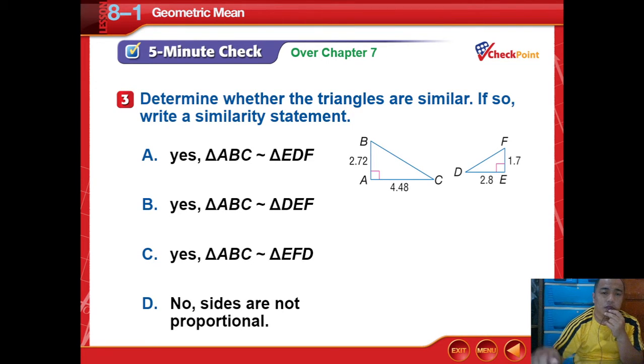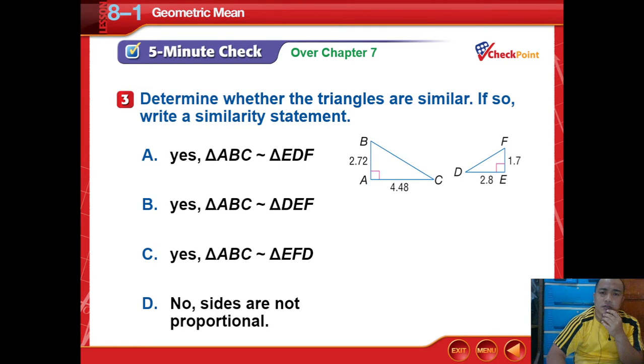Okay, determine whether the triangles are similar. If so, write the similarity statement. So triangle ABC, triangle DEF, with sides 2.8 and 1.7 for triangle DEF, and 2.72 and 4.48 for triangle ABC.